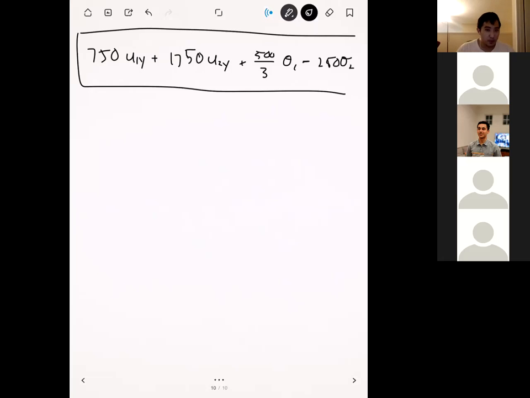And believe it or not, at this point we're done. If you remember, where we started was we had this really nasty integral on one side of the equation, and on the other side we had our expression with our nodal loads. So on the other side of the equation, we had F1y U1y plus F2y U2y plus M1 theta 1 plus M2 theta 2.